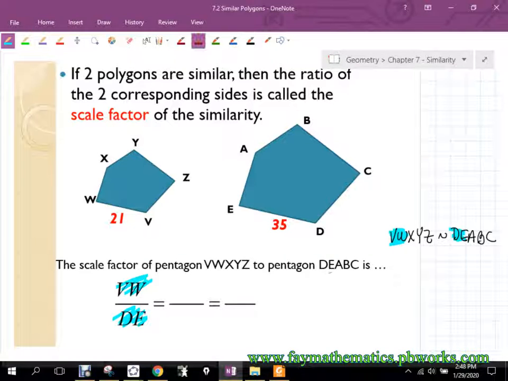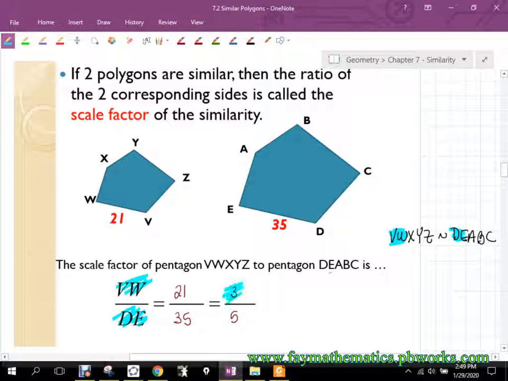So if I write that arbitrary statement, VW compares to DE, I can then look at my picture and say, well, VW is 21 and DE is 35, right? Do those have a common factor in them? What do they both divide by? 7. So I get 3/5 here, right?